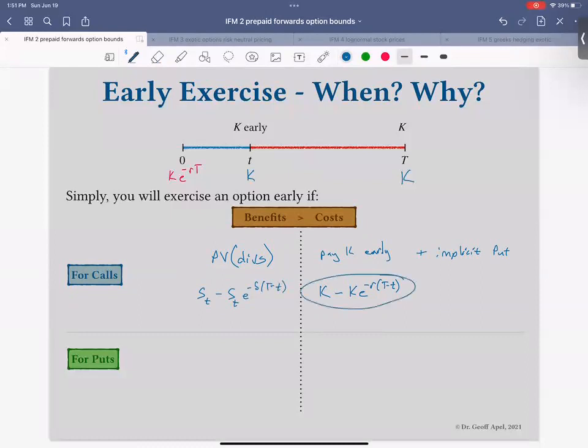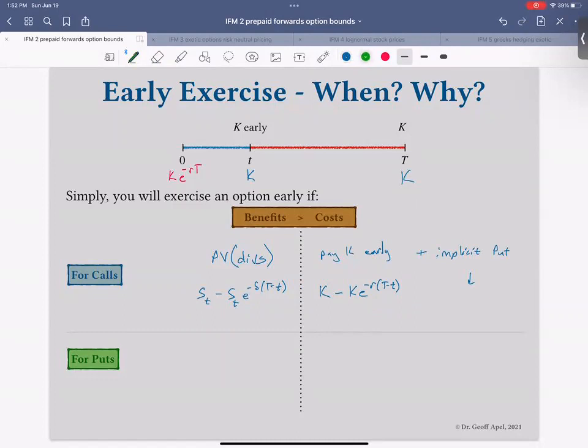It mimics this exact formula, but with delta instead of r and stock instead of K. But we're here at time T, so that's what we would look for. This is what we would mean by the present value. This is the dividend thing we would think of if it was continuous. And then this implicit put, well, they would have to tell us that value. It's not something that's easy to compute.